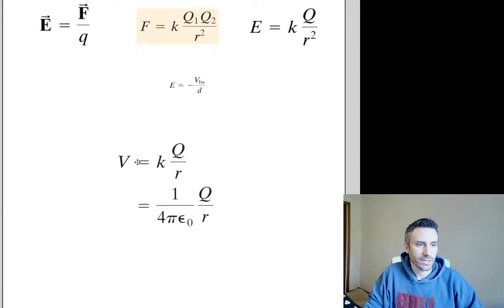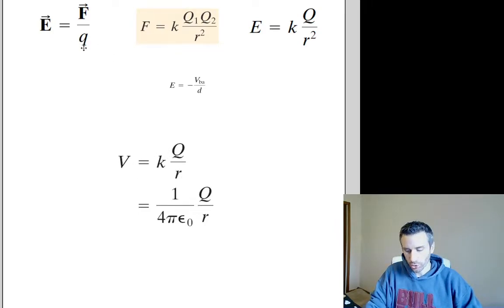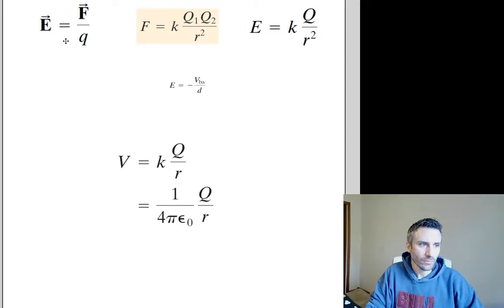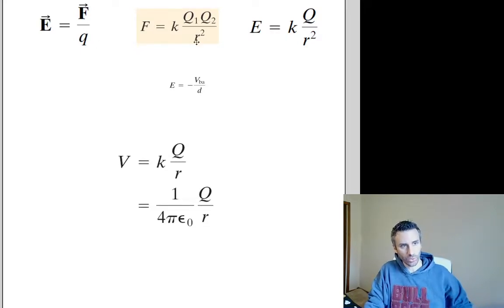So here is the equation I'm going to give to you guys, where voltage is equal to K times Q over R, but let me show you how we get there. Since electric field is force per charge, from our chapter 16 lesson, and force is K times Q1 Q2 over R squared.